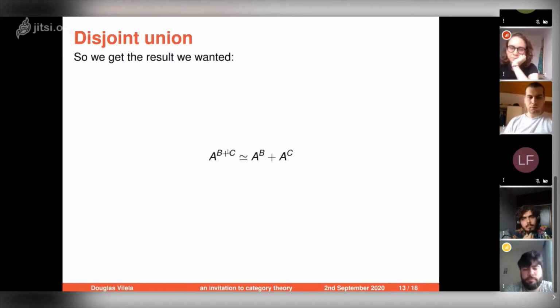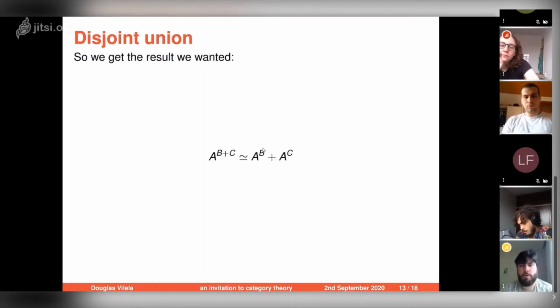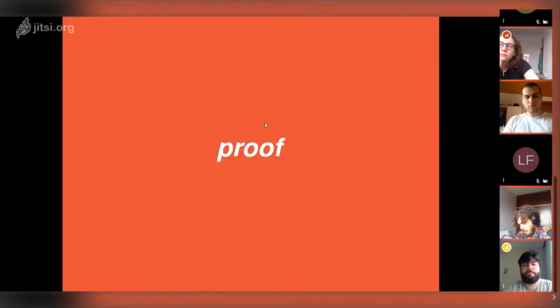The set of functions from the disjoint union to a set A is bijective to the Cartesian product, not the disjoint union, the Cartesian product of the set of functions from B to A and the set of functions from C to A. And that was really what we needed to prove that expression.